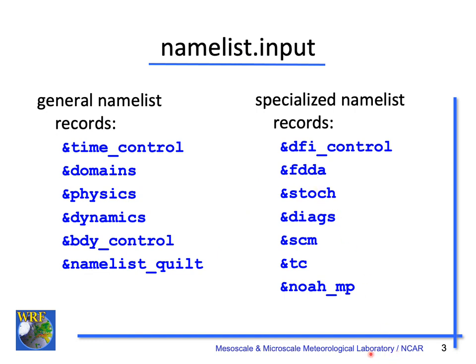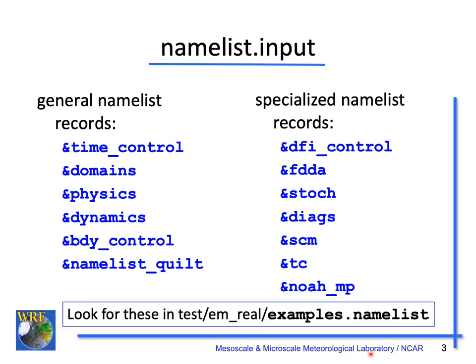We are going to cover some of this in this talk, and also namelists we have not mentioned previously in other namelist records. If you need to use any of these namelists, find them from the file examples.namelist in the test em_real directory.